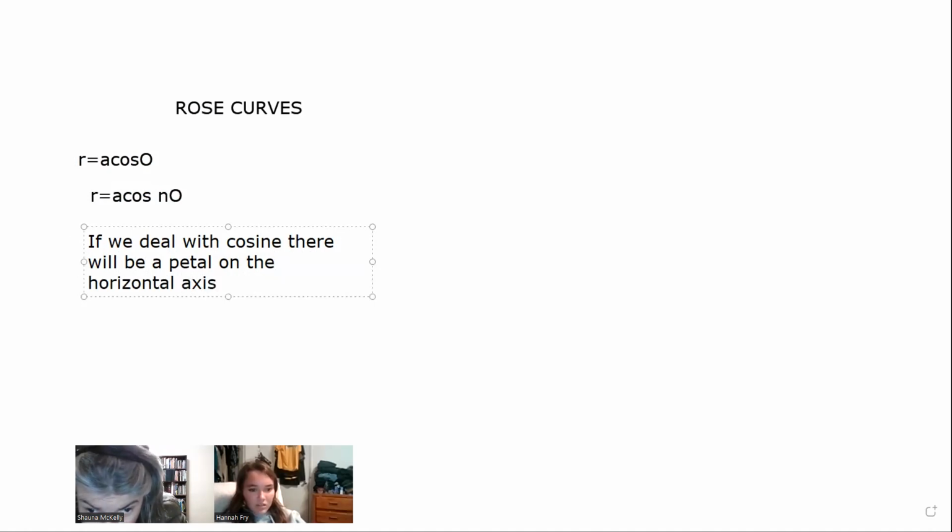That's not true about sine necessarily, but there'll be a petal on the horizontal axis.